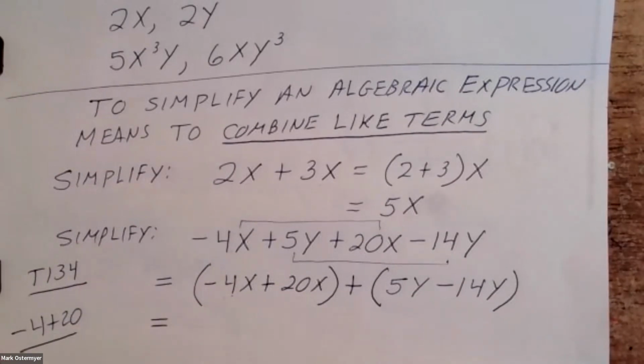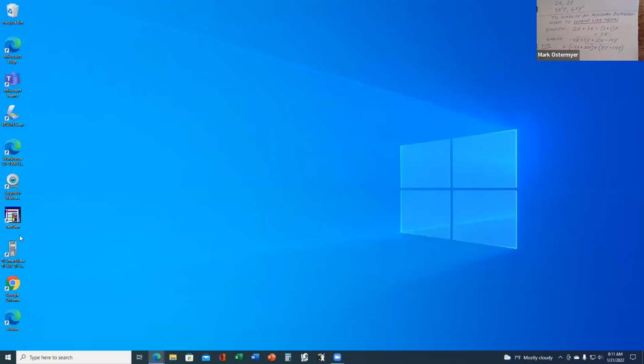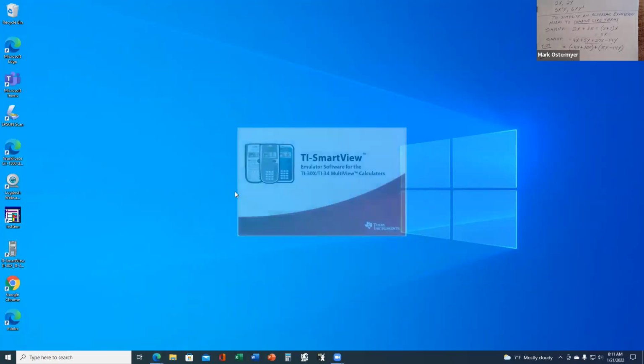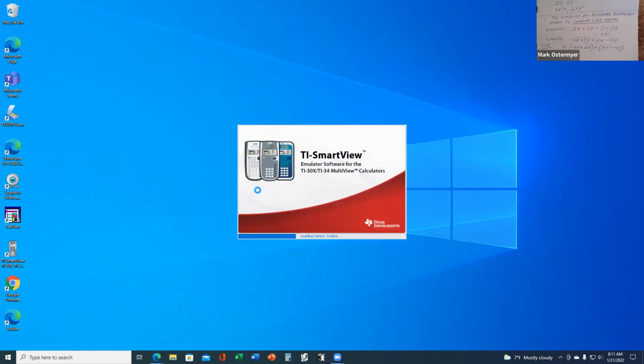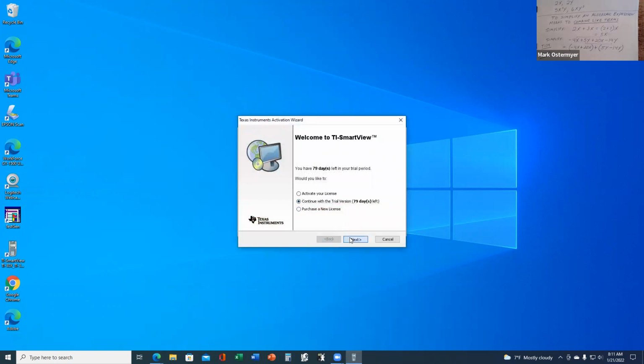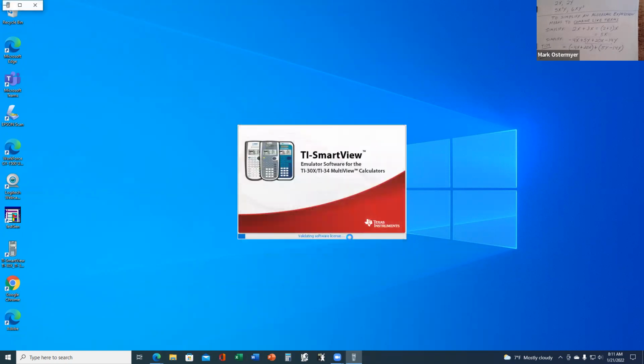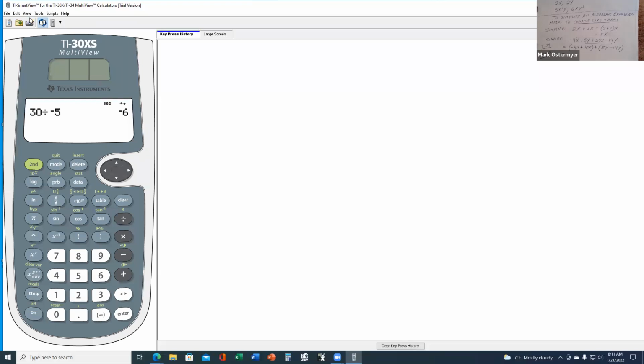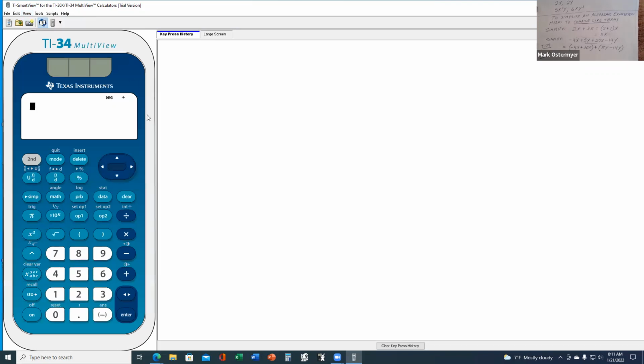So I'm going to go get my calculator, the TI-34 Smart View. This is a calculator that's recommended for our course.